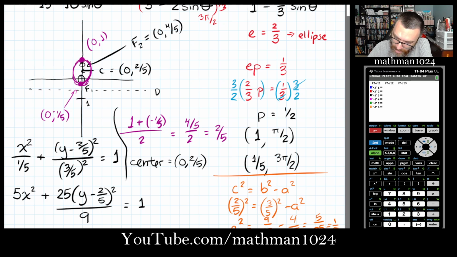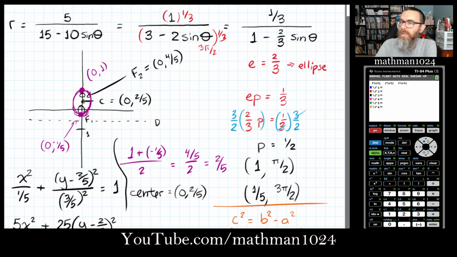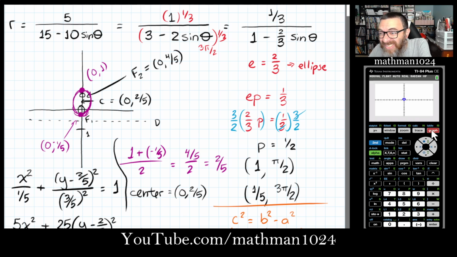All right, let's see, okay, so 5 divided by the quantity, 15 minus 10 sine of theta.